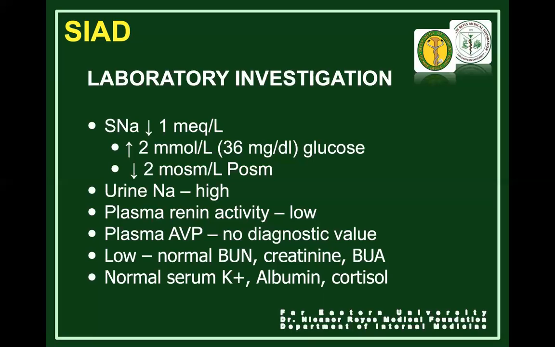If your serum sodium is low, then your uric acid should also be low or within normal, because their excretion is somehow parallel. So normal serum potassium, albumin, and cortisol will eliminate your other problems like kidney, liver, and also cortisol deficiency.